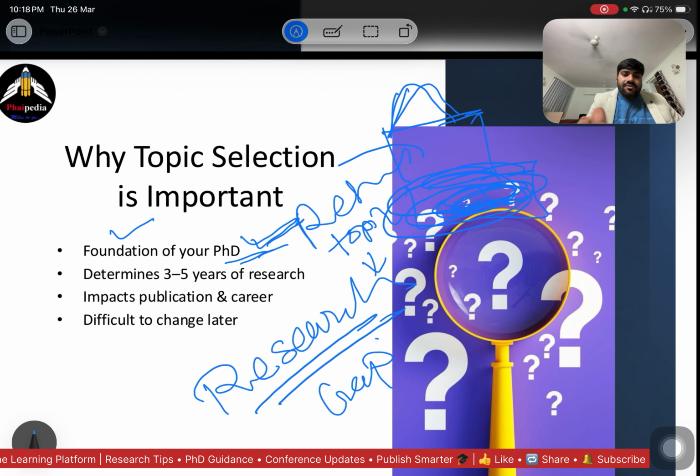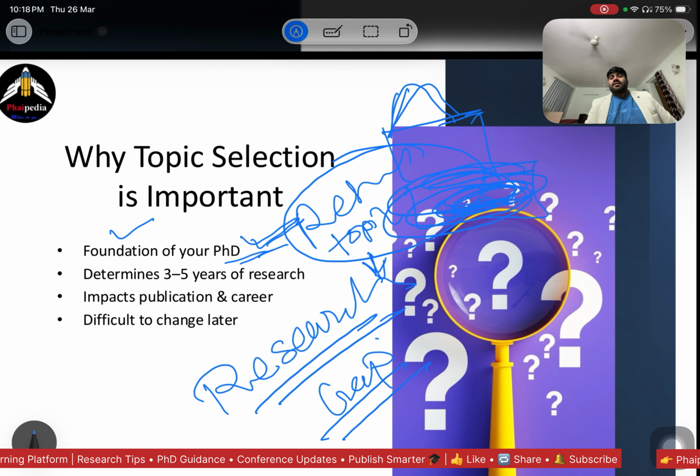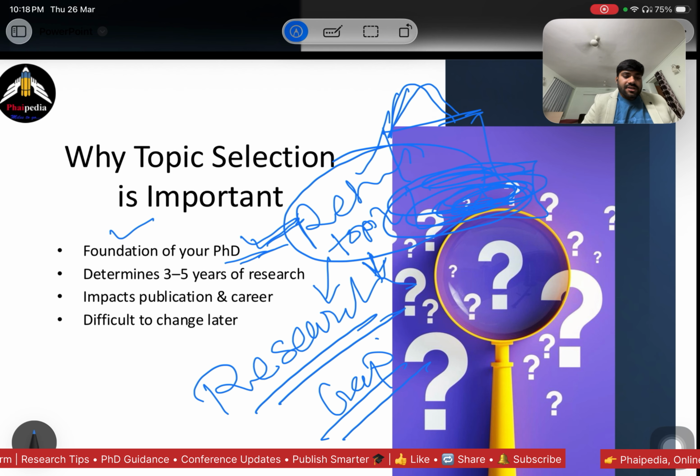First we discuss the research topic and then the research gap. Sometimes we decide a research topic but there is no research gap or the saturation point has come. These are the things the scholar deals with. So this is the foundation of the PhD.